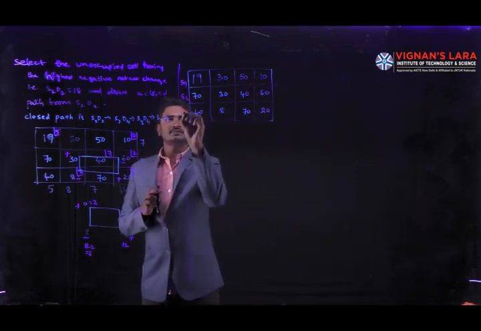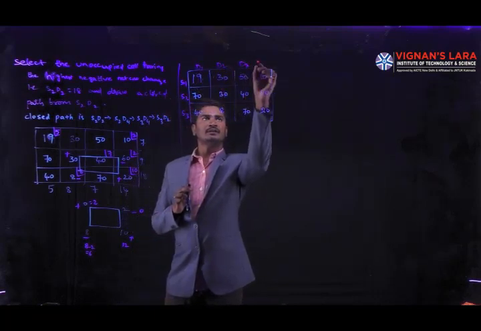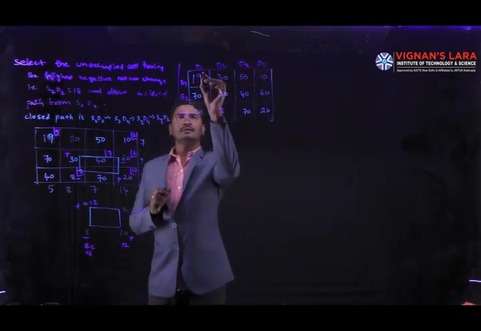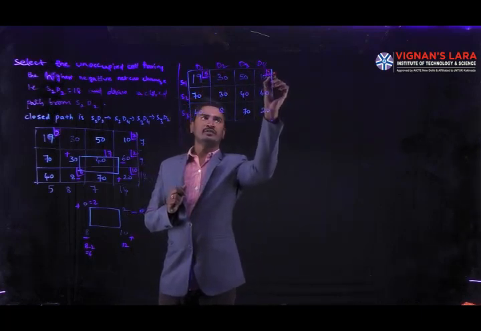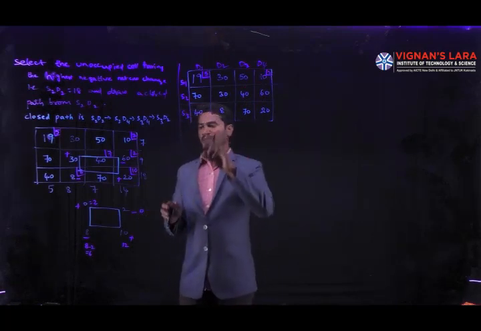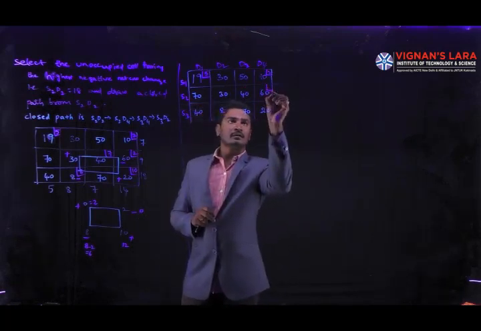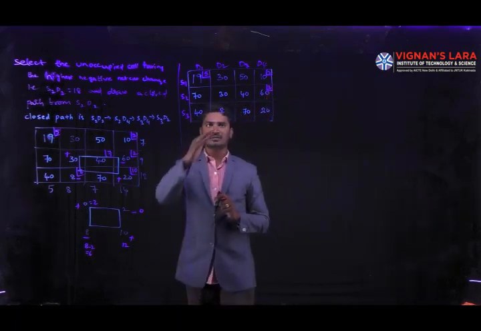S1, S2, S3, D1, D2, D3, D4. The allocations are: here we have 5 units, and here we have 2 units. Now we are transferring the allocations throughout the loop.